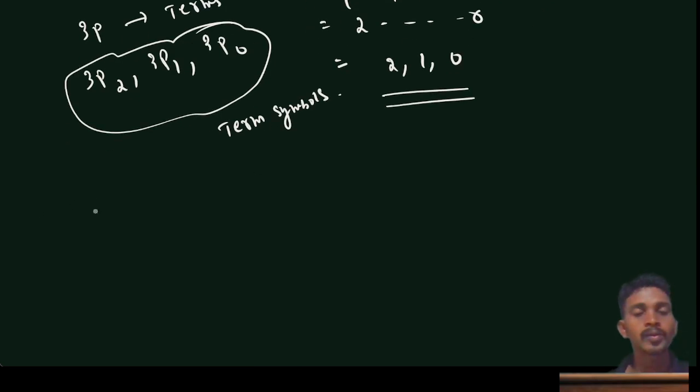Now you may ask why we are calculating these term symbols, and why they are needed. We are studying everything in 3D systems. Let's say this is the sun, and around the sun the earth is revolving.